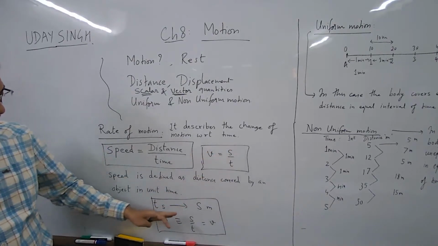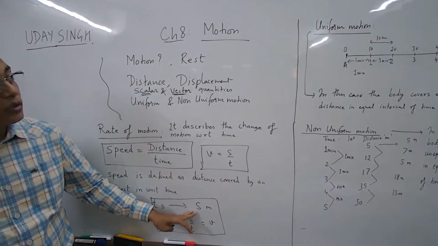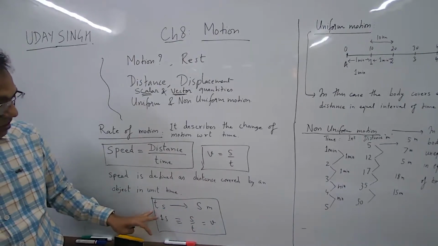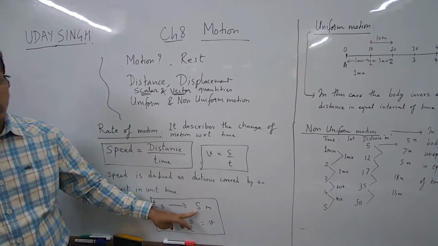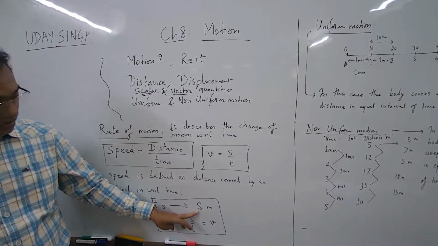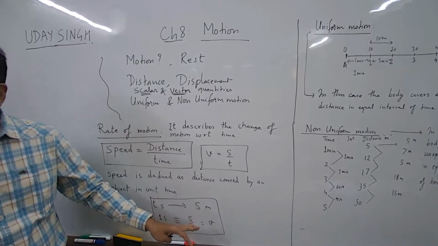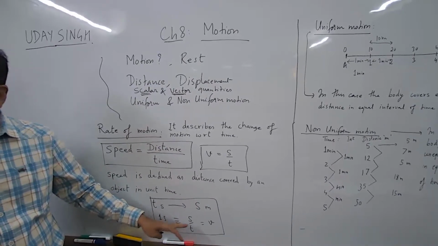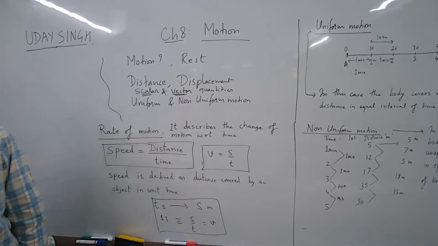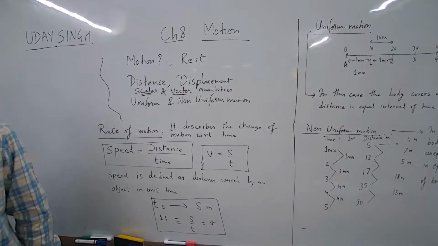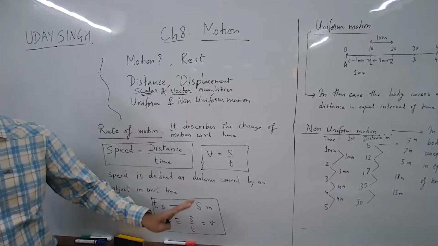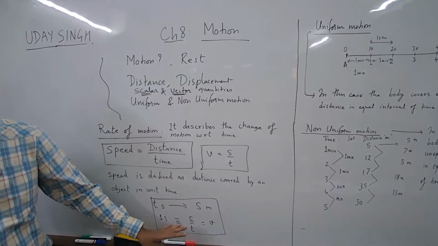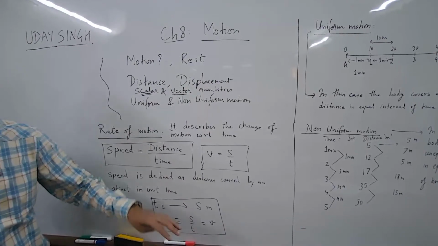If I know that it took 5 minutes to reach 50 meters, then in 1 minute, how much will it be? 50 upon 5. And in seconds, divided by 60 again. Got it? We have to always follow SI units.